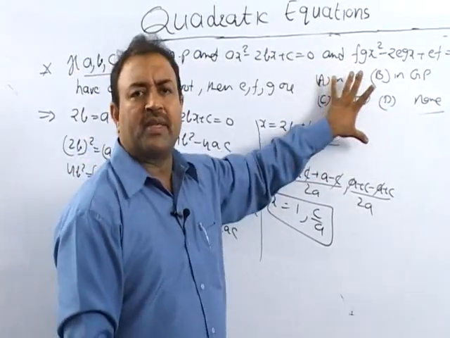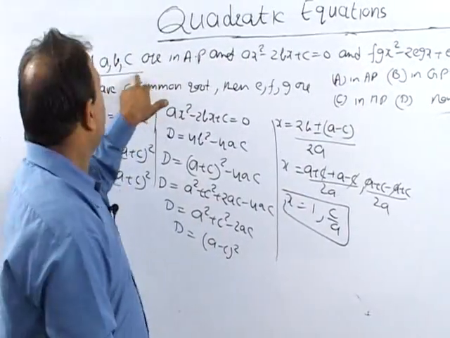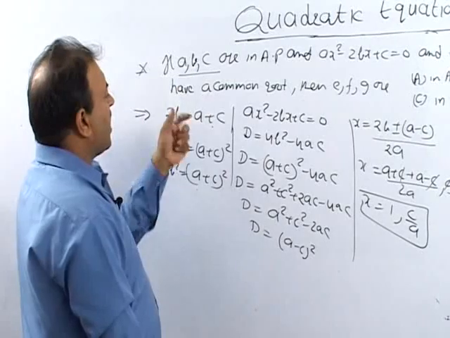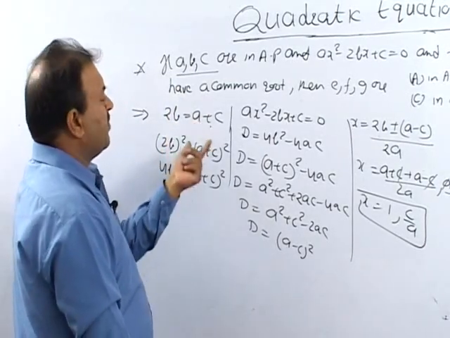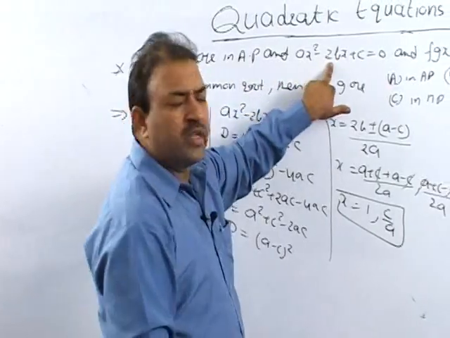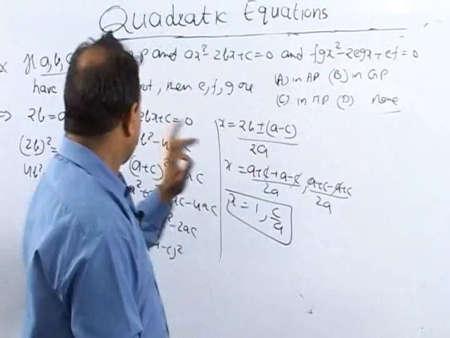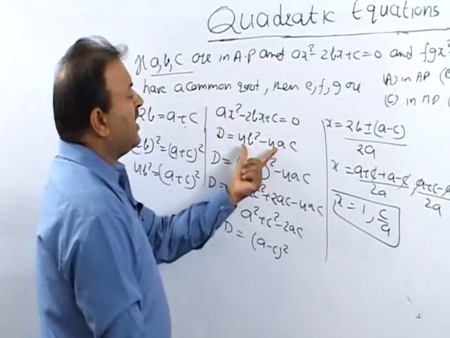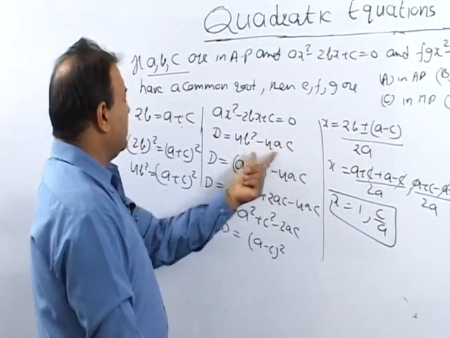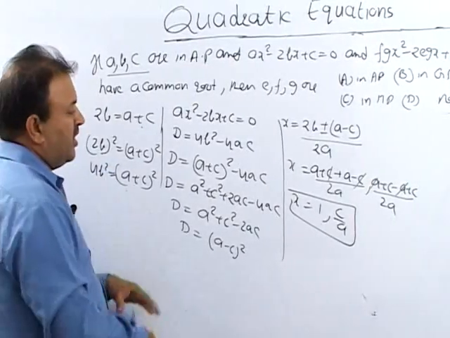So the rightful method is, we use this condition that if A, B, C are in AP, I take 2B is equal to A plus C. I find out the discriminant of this particular equation, because there is no A, B, C in this equation. Then discriminant is 4b square minus 4ac. I took the value of 2b from here, that is a plus c the whole square.